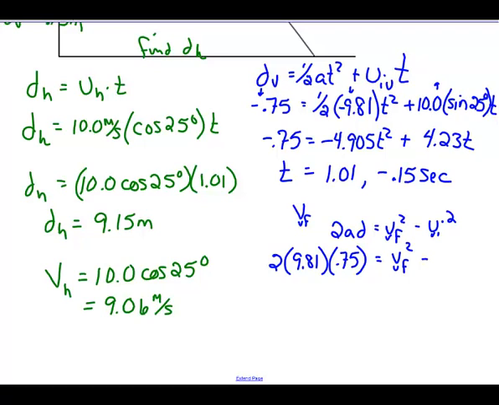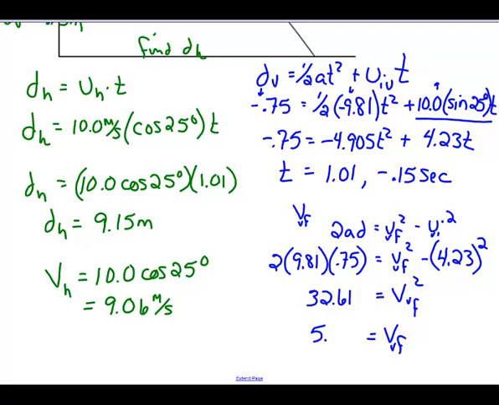Initial velocity, vertical, I found that here, and I got 4.23, which gets squared. So if I do the math, I get 32.61. So final velocity in the vertical direction, 5.71 meters per second.